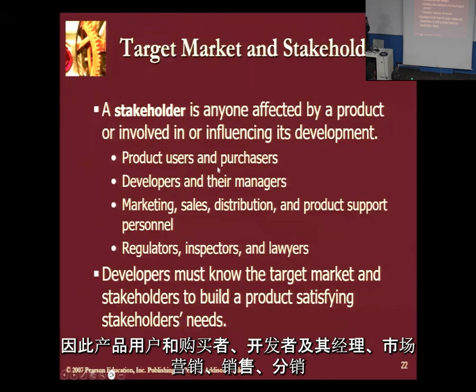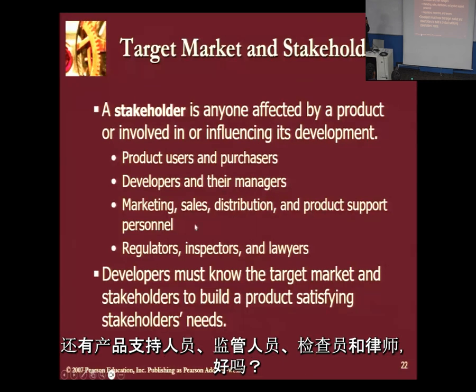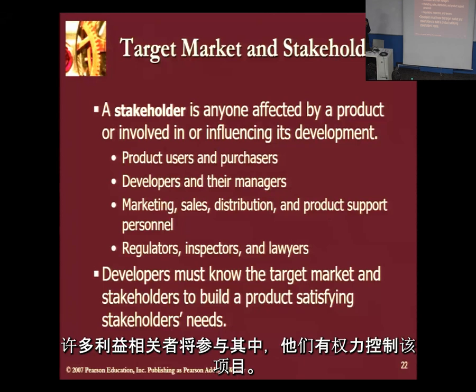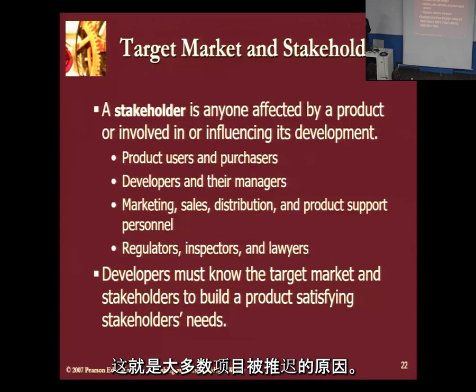Stakeholders include product users and purchasers, developers and their managers, marketing, sales, distribution and product support personnel, and regulators, inspectors and lawyers as well. Inside a big multinational corporation project, a lot of stakeholders will be involved and they have the authority to control the project. That's the reason most projects get delayed.